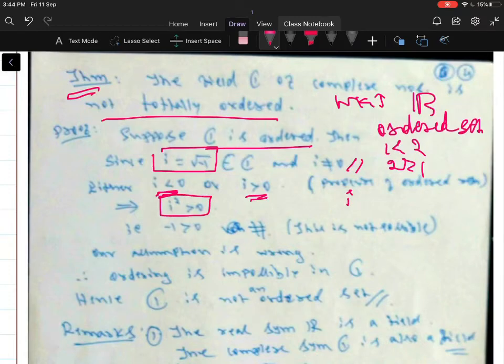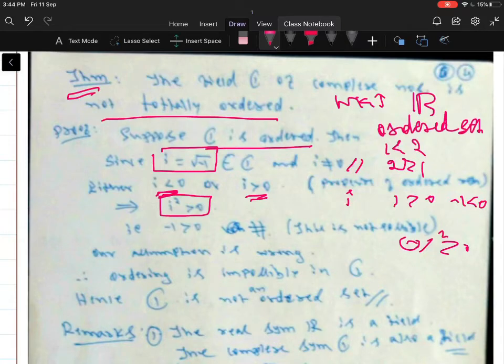So this implies i square is positive, because R is an ordered set, you know that. So 1 is greater than 0 or minus 1 is less than 0. If you take the square, it always becomes positive.